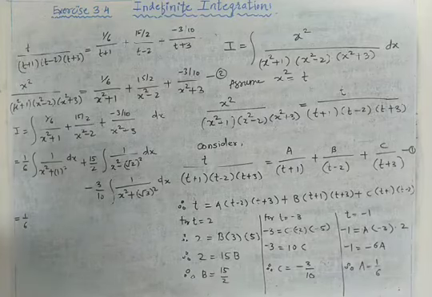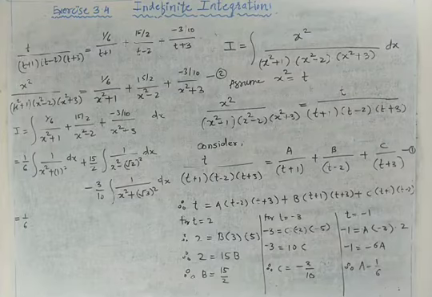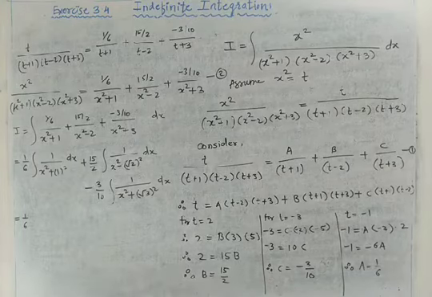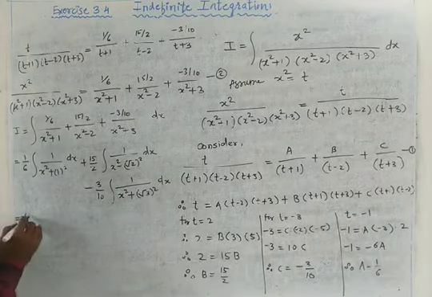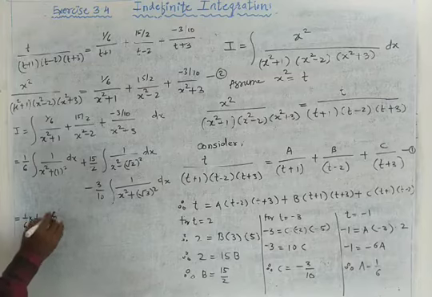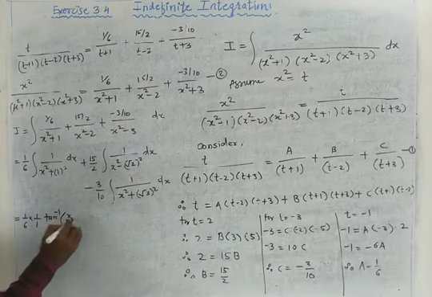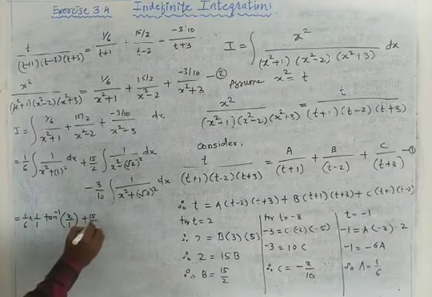So 1 by 6. What is the formula for 1 upon x square plus a square? The formula is 1 by a tan inverse of x by a. So 1 by a, that is 1 by 1 into tan inverse x by 1. Get it? Plus 15 by 2.